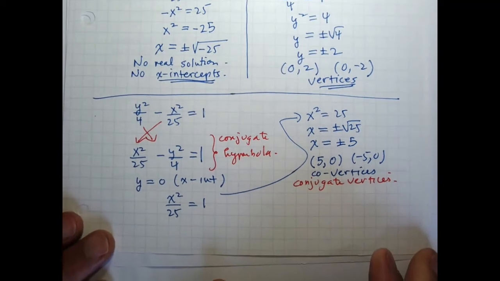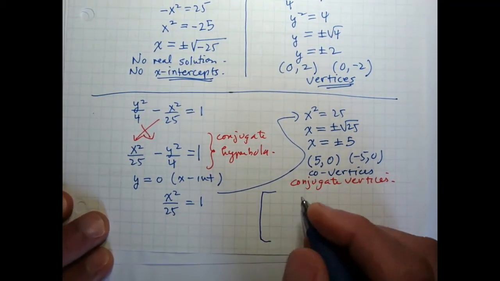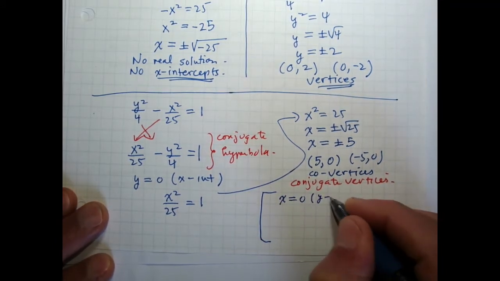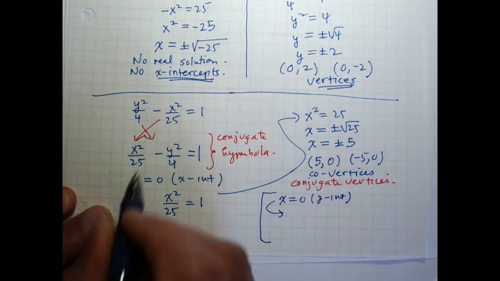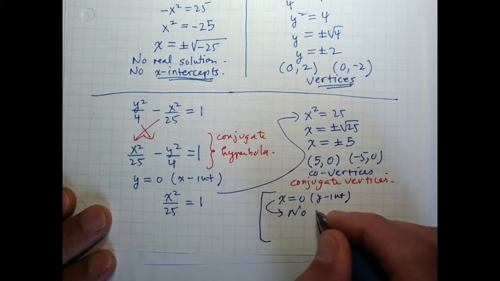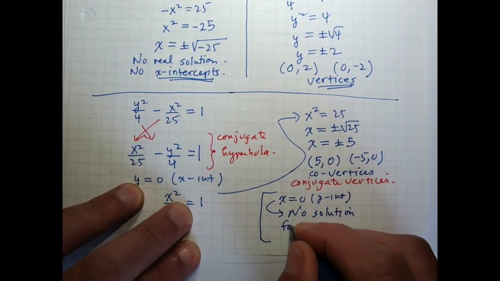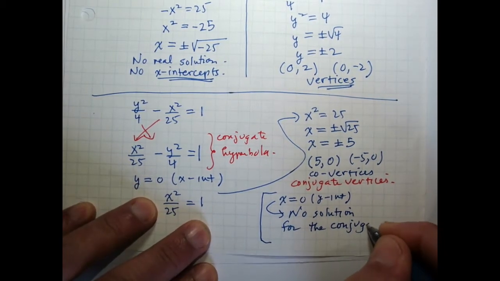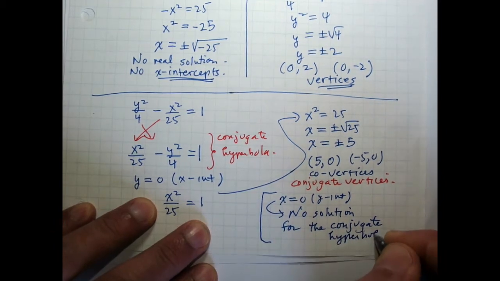And by the way, if you accidentally tried to set x equals 0 to find y-intercepts, do you see that for this equation, you're going to get no solution for the conjugate hyperbola? Because we've just turned the situation around.